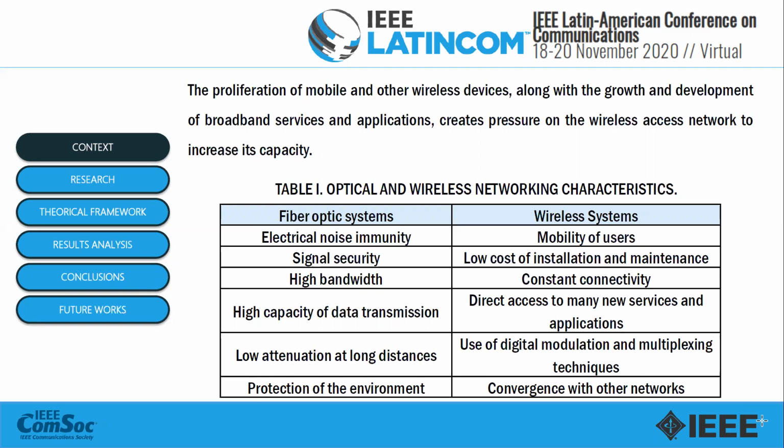And the wireless systems have these important features: mobility of users, low cost of installation and maintenance, constant connectivity, direct access to many new services and applications, the use of digital modulation and multiplexing techniques, and the convergence with other networks.